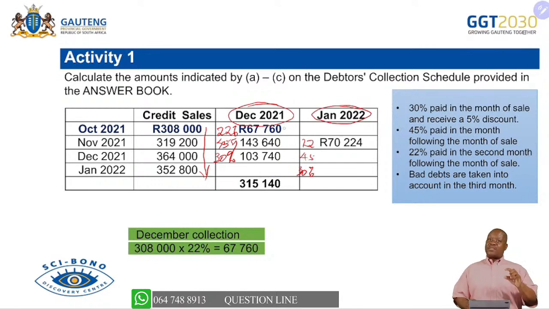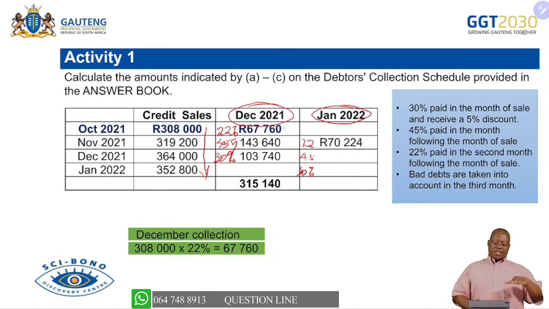So it means what we are collecting as 22% in December, it's collection for the third month. And it has to be 22%. And which month are we collecting from? So we are collecting from October. Very important.